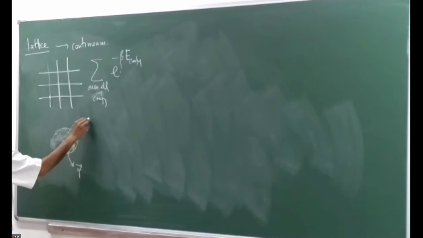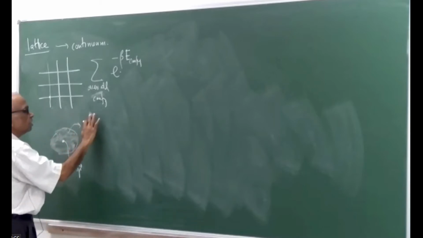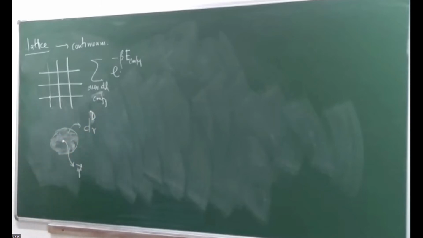This is a volume which in a d-dimensional space would be d^d r in general. So I'm looking at a region of space as opposed to a point in space. The lattice was a point in space. Now I'm smearing things out, and I want to know what is happening in a small region of space.